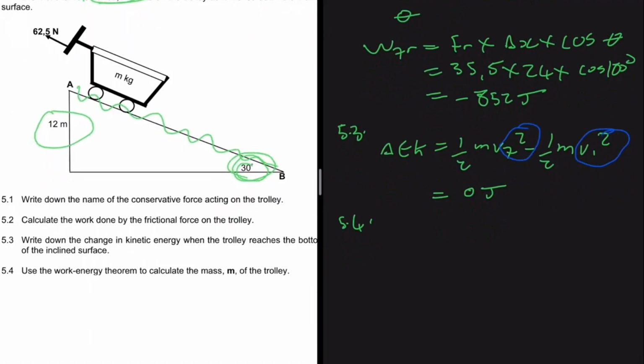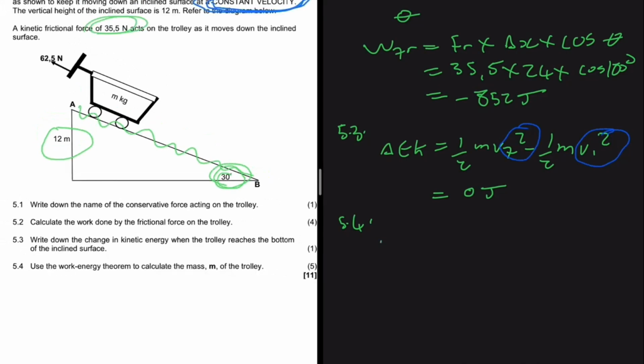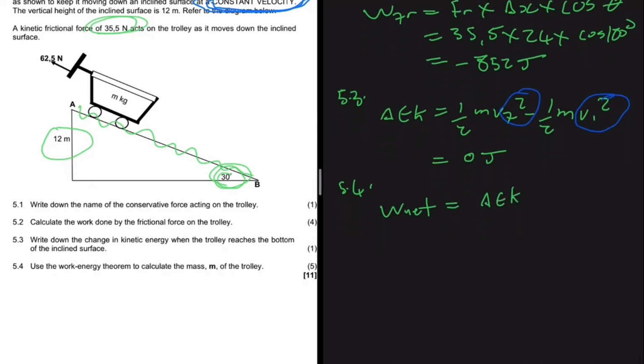5.4 says use the work energy theorem to calculate the mass m of the trolley. Here I'm going to use work net is equal to the change in kinetic energy. The other formula you can use is that the work done by non-conservative forces is equal to the change in the potential energy plus the change in the kinetic energy.